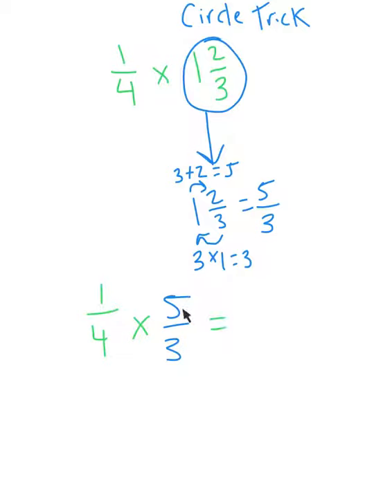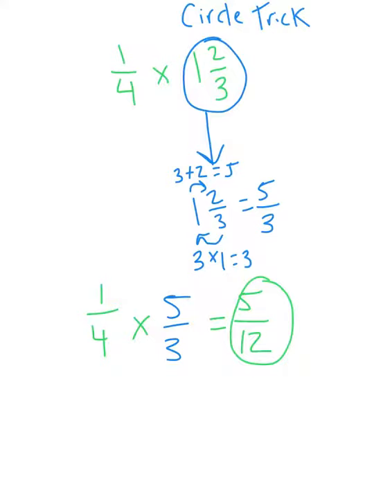I have 1 times 5 is 5, and I have 4 times 3 is 12. And that is the simplest form this can go in. So my answer is 5/12.